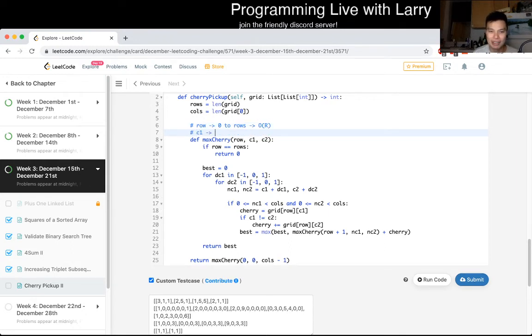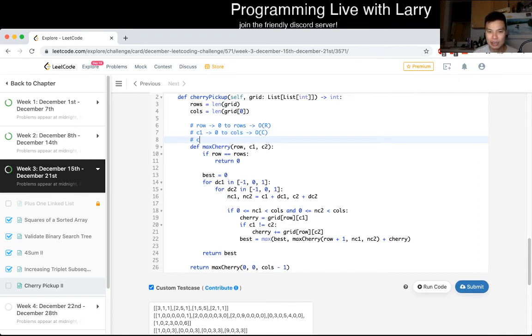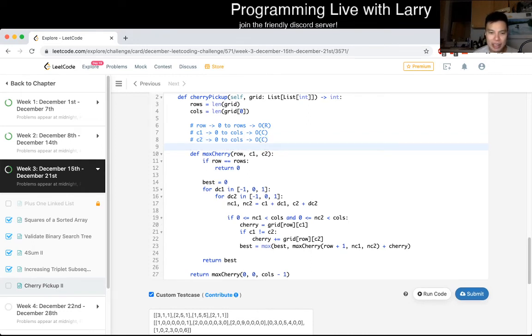C1 obviously is also from 0 to columns, so it's going to be O of C, and C2 again 0 to columns, so it's also O of C. Here we do a constant amount of operations, because this is just 9. I know they're for loops, but they're just 9 possibilities. So that's O of 1 for each work.